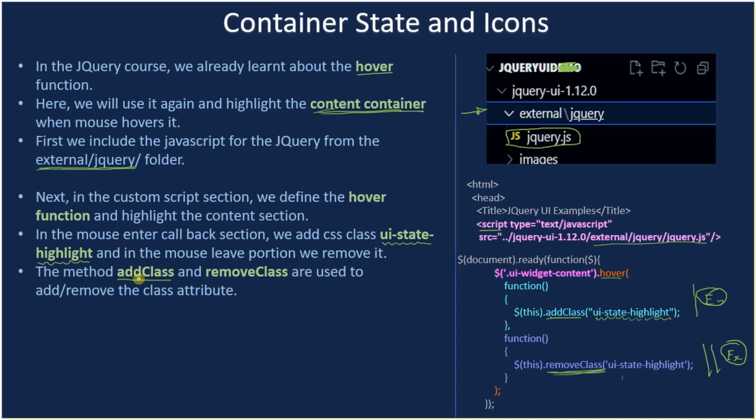In our previous videos, when we were learning about jQuery, we used addClass and removeClass multiple times. The only difference is previously we defined our own selection rule, but this time we are making use of the selection rule that is present in the CSS file supplied by jQuery UI. So that requires walking through the CSS file and understanding what CSS style rules they provided to us.